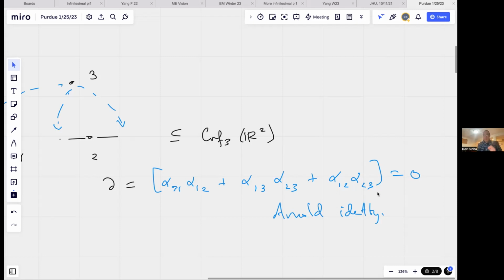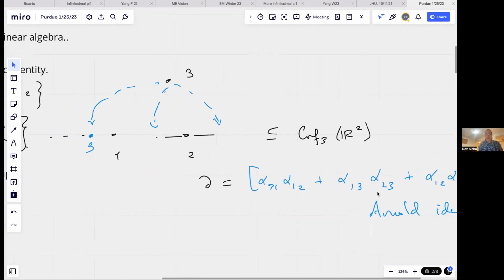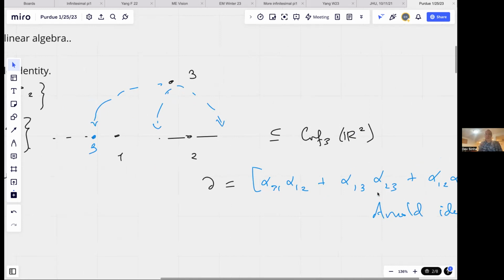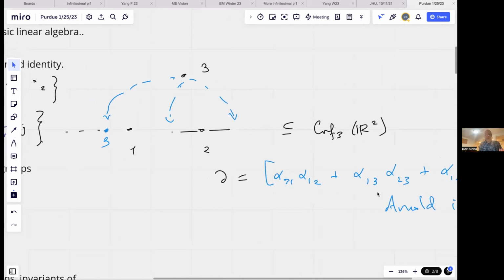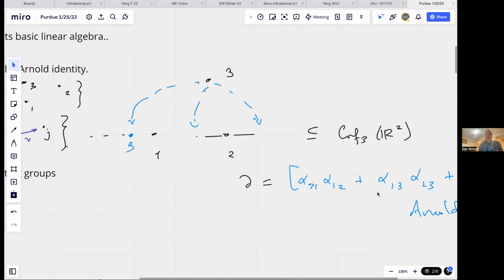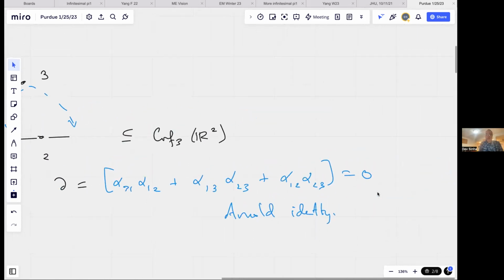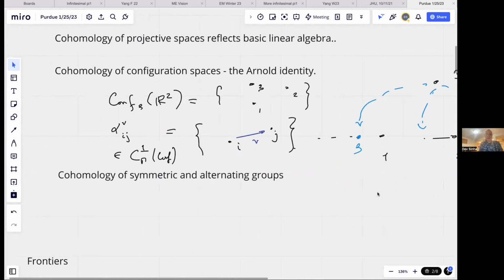By the way, in the plane, if you allow yourself the real, or actually the complex numbers, if you allow yourself complex coefficients, this identity can be realized at the cochain level. It's a strong formality. But here is a more explicit way, and this works in any dimension, to see that this relationship in cohomology holds.